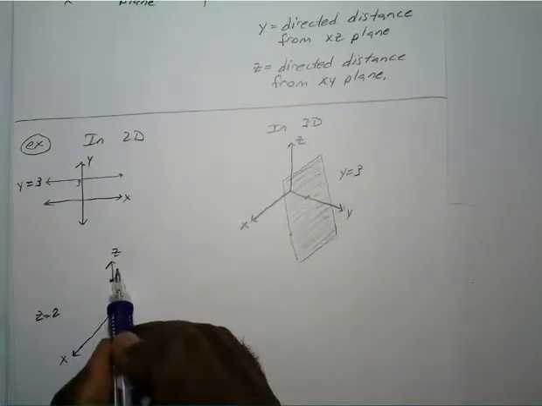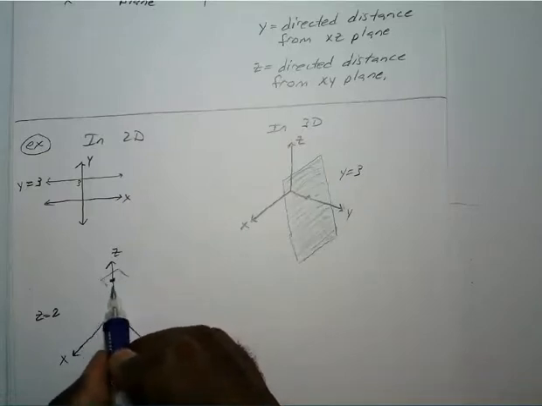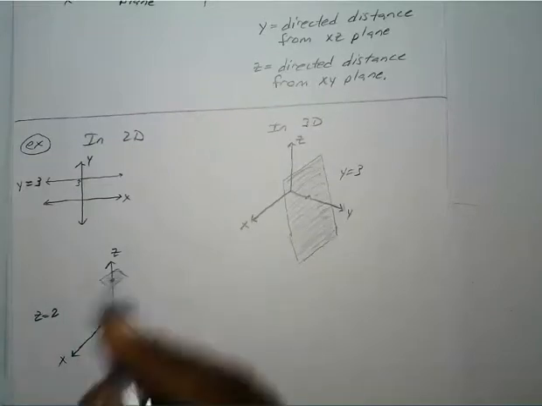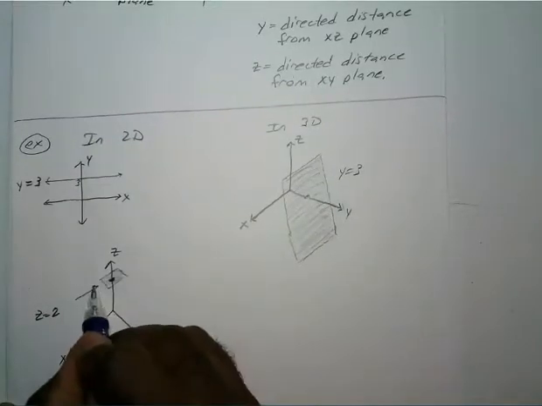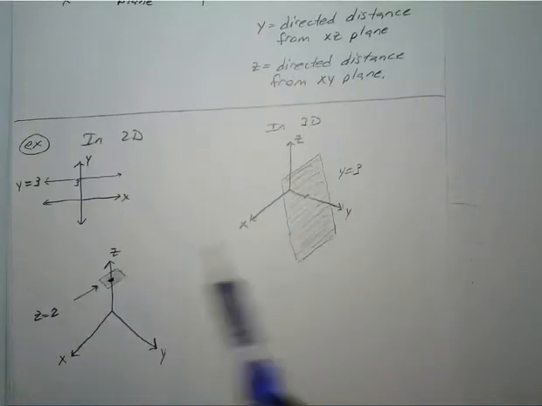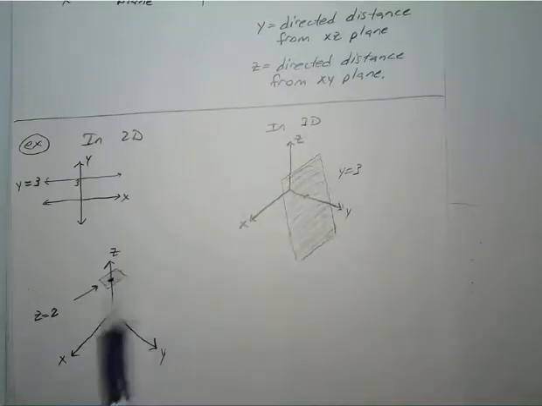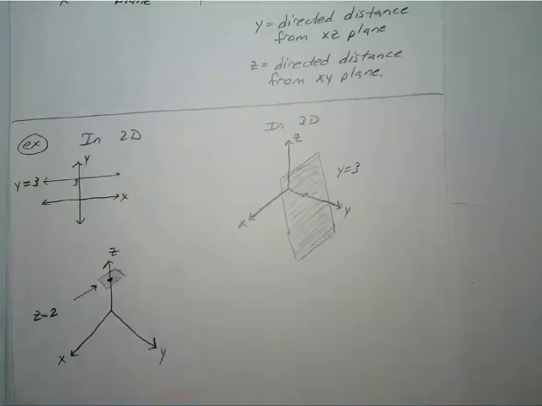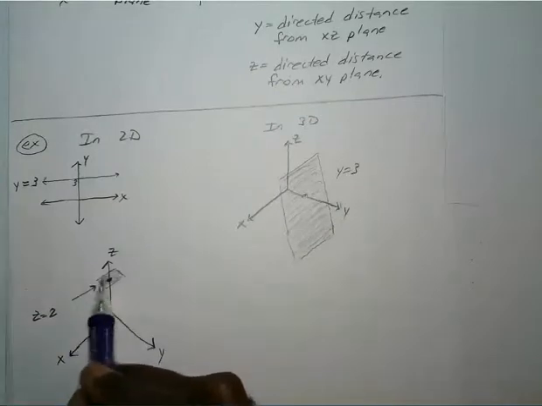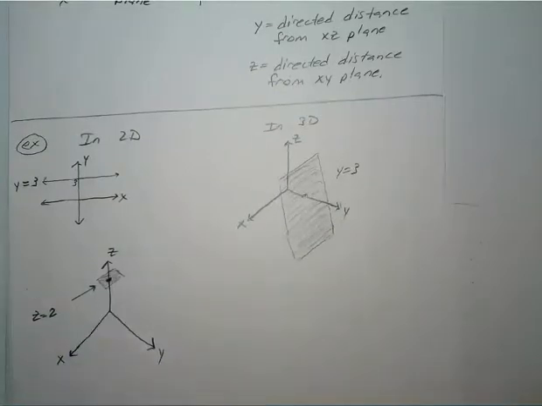And we basically will have a sheet of paper going through that particular point as Z equals 2. And of course we can draw the sheet of paper bigger and bigger, but since we're kind of limited on space on this sheet, we're going to just draw a little thin sheet of paper going through the point Z equals 2.